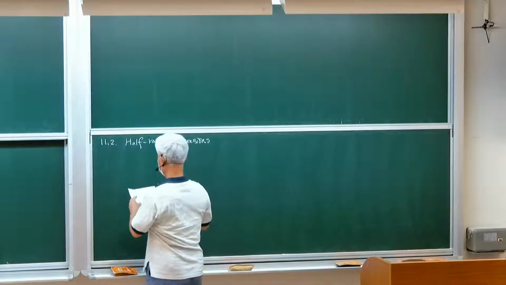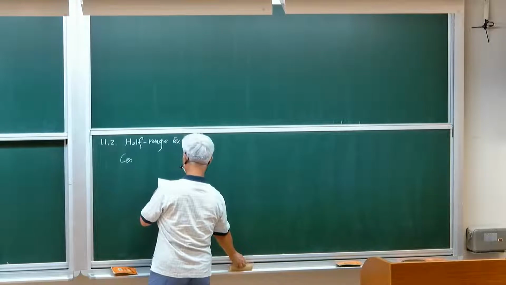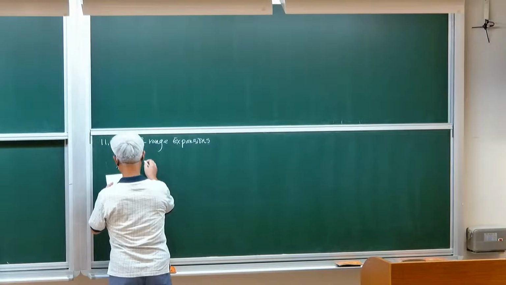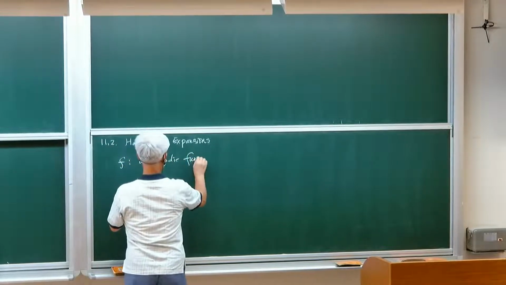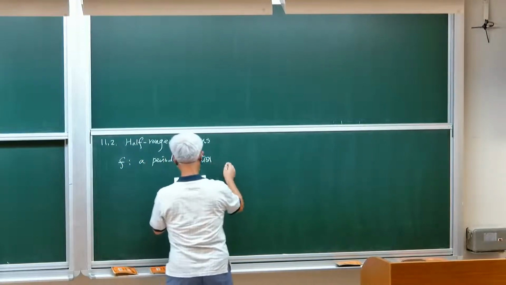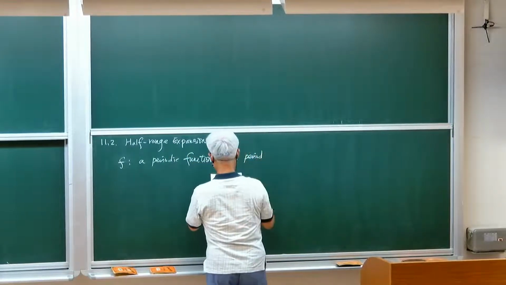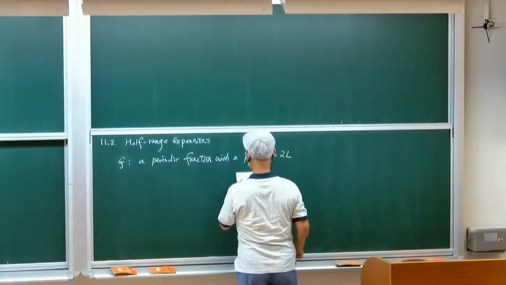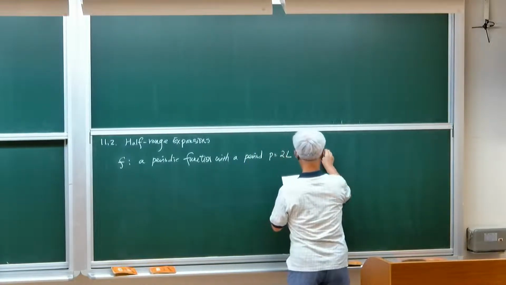So let f be a periodic function with a period p equal to 2 times L, which is piecewise continuous.